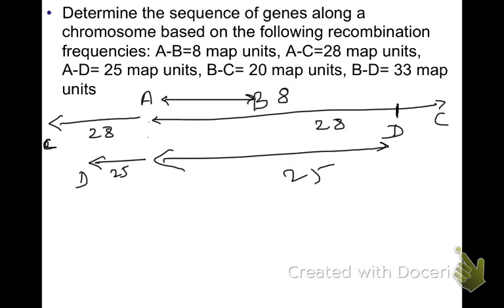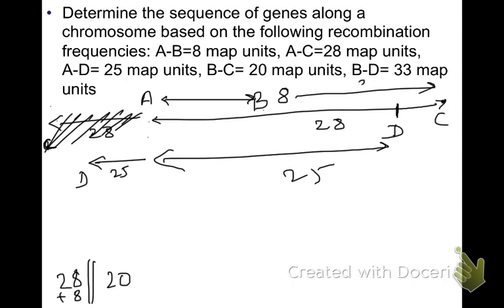Now B to C, if it was from here to my left side, that would be 28 plus 8, but he says it's only 20, which means the C is on this side, so it sort of confirms that this doesn't exist, or this is not what it should be. Okay, so this is my 8 and this is my B to C, which is 20.